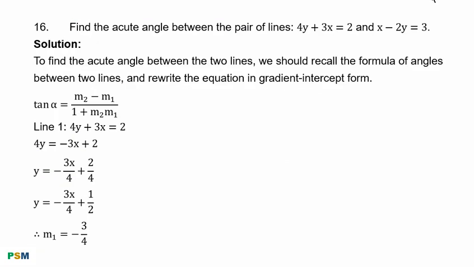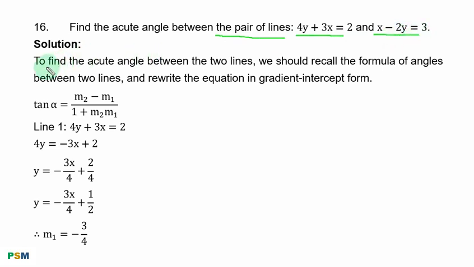Example 16, find the acute angle between the pair of lines 4y plus 3s equal to 2 and s minus 2y equal to 3.